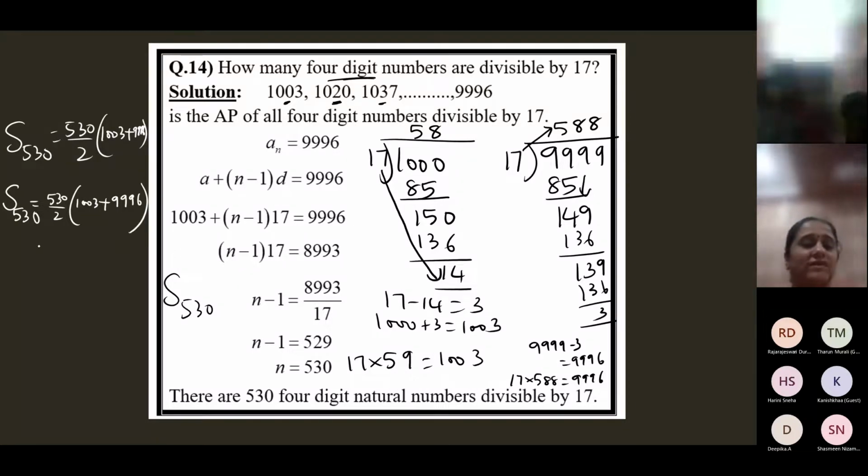You can use the other formula also, n by 2 of 2a plus (n minus 1) into d. Same thing you will get. But here, since you know a1 and a530, you know the first term and the last term, you can use the formula n by 2 of the first term plus the last term.